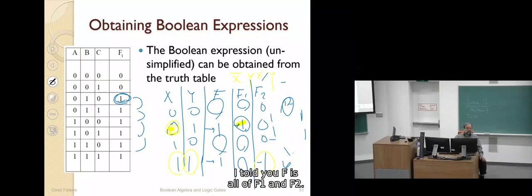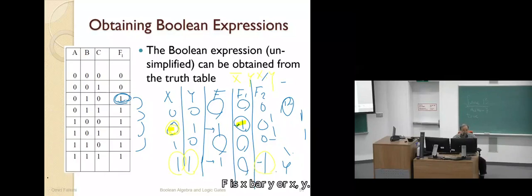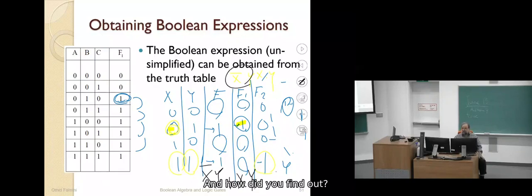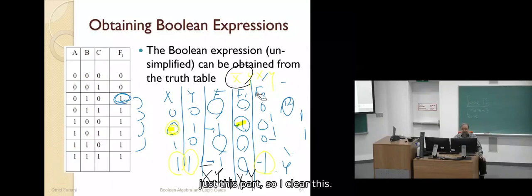And I told you f is OR of f1 and f2. So f is, let me write it in black. F is x bar y or xy. And how did we find out? We looked at the, now I clear everything, just this part. So I clear this.